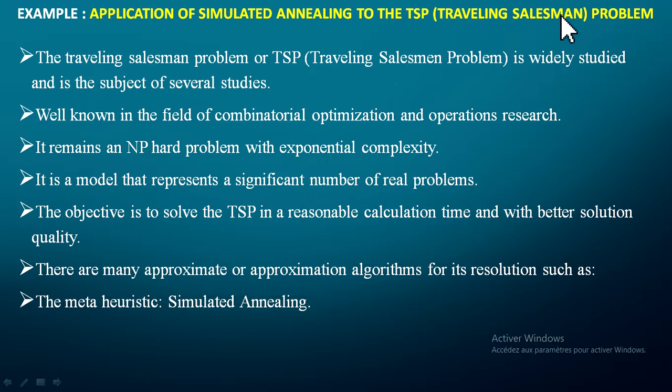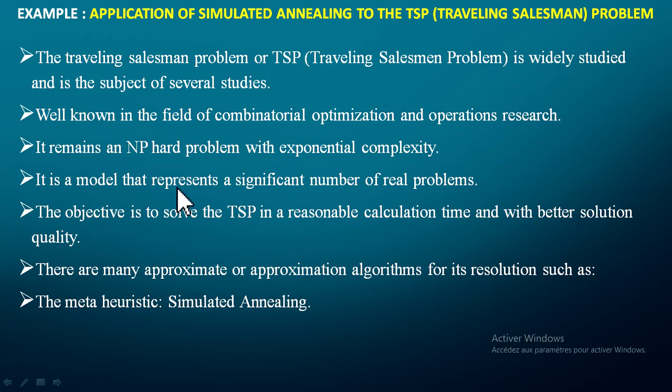The traveling salesman problem, or TSP for short, is widely studied and is the subject of several studies. It is well known in the field of combinatorial optimization and operations research. It remains an NP-hard problem with exponential complexity.